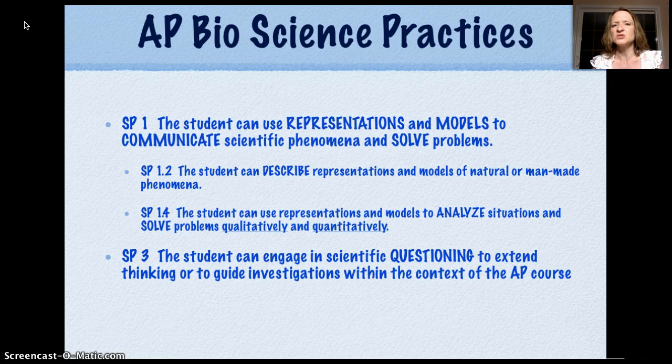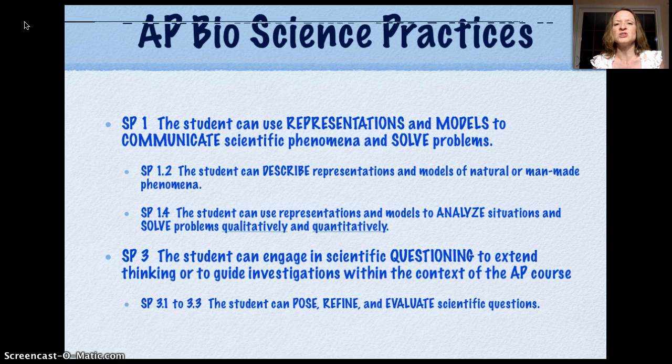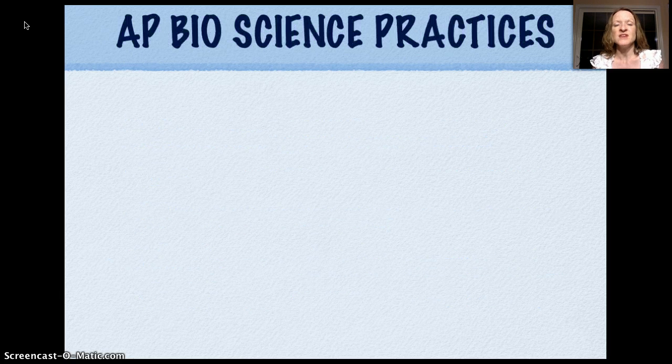The overall research question that may be displayed, but also the questions that you and I can generate just by analyzing the actual infographic itself. So it's really going to help us to develop a lot of the science process skills and practices that we're being asked to cover in AP Biology, and that are really just important to science in general.